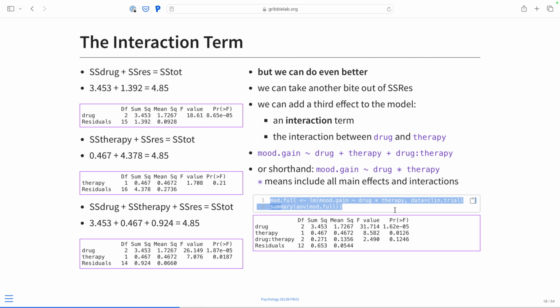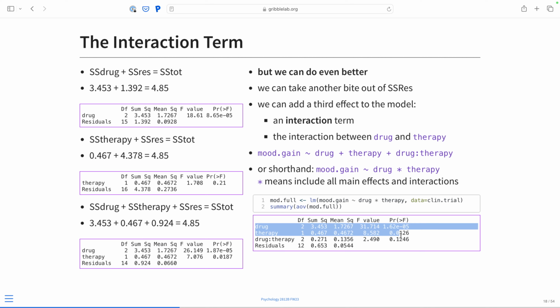So if we enter that model into R, mood gain varies with drug times therapy, now we get an Anova output that has, just like before, the main effect of drug. Those numbers are the same as the individual model. The main effect of therapy, those numbers are the same as the individual model.